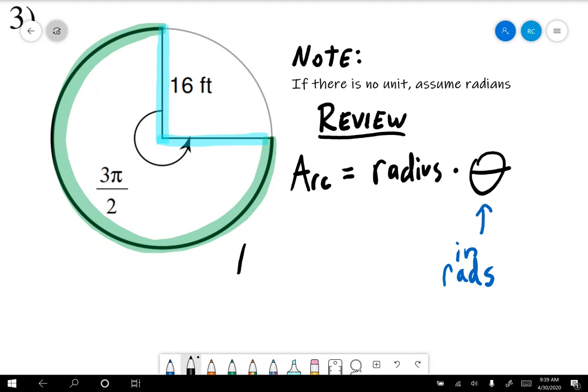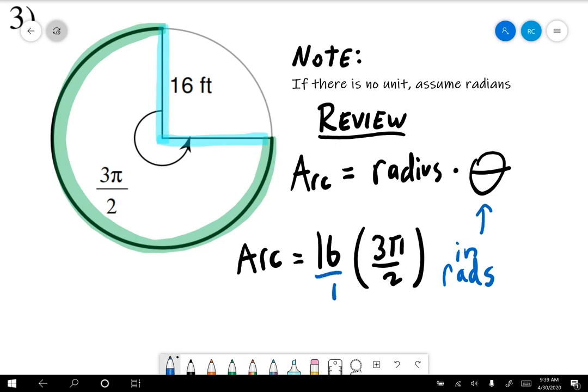So the arc would equal the radius, which is 16 feet, times 3 pi over 2 radians. 16 is over 1. Remember, any whole number is actually a fraction, which is itself over 1.